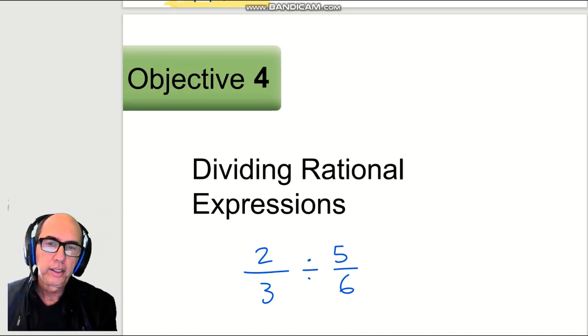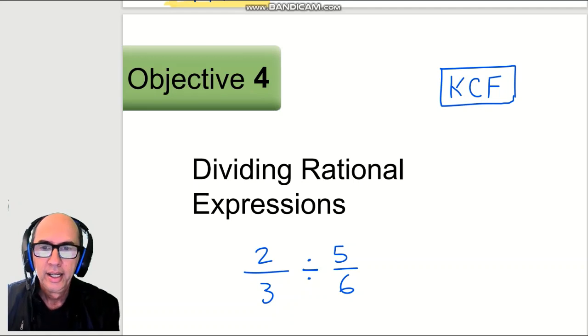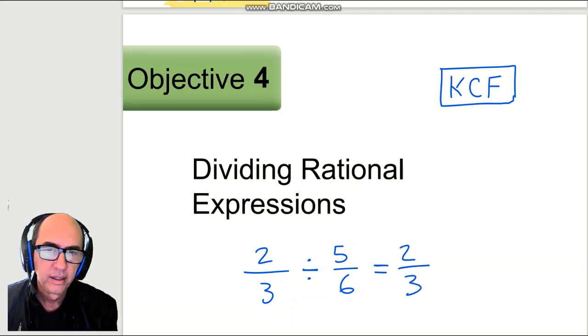And what are you going to do if you have numbers? Yes, remember, this is a way of remembering. Keep, change, flip. This is not official math, but it is a way of remembering what to do. Keep the first fraction, change the operation into multiplication, and flip the second fraction.